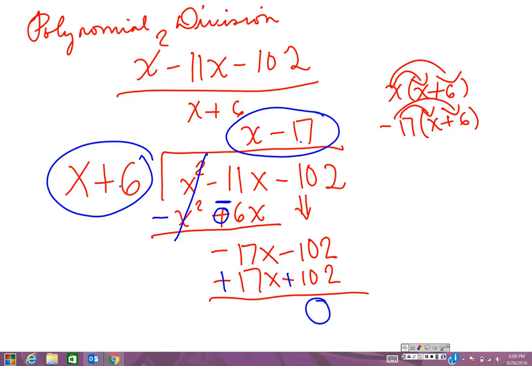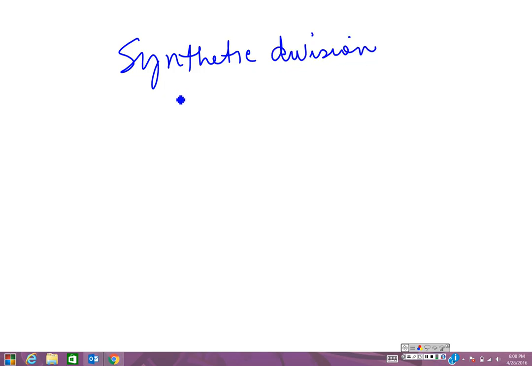Alright, you could have also done this problem a different way. You could have used synthetic division. And you can use synthetic division when your divisor is of the form x minus k. So basically meaning the degree is 1 in the divisor.